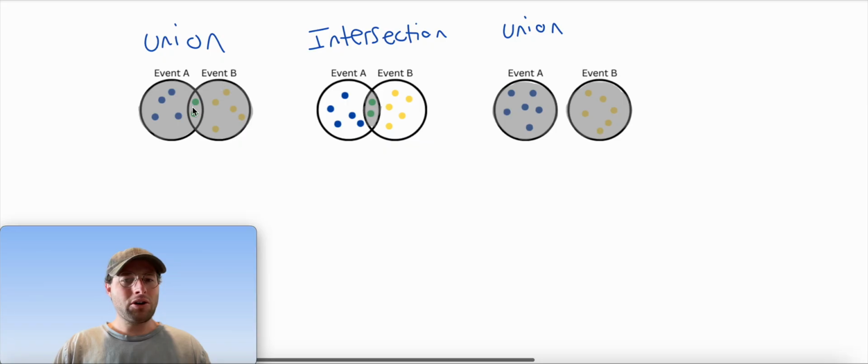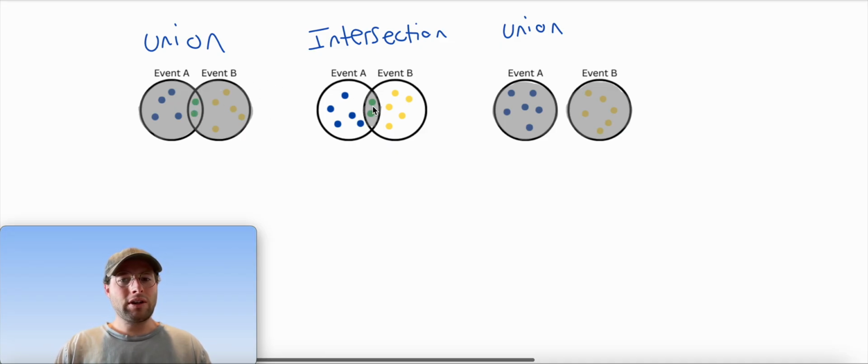And I tried to color code this so that the outcomes from event A are blue, the outcomes from event B are yellow. And because when you mix blue and yellow together, you get green, I made the outcomes that are shared by both events A and B green here.